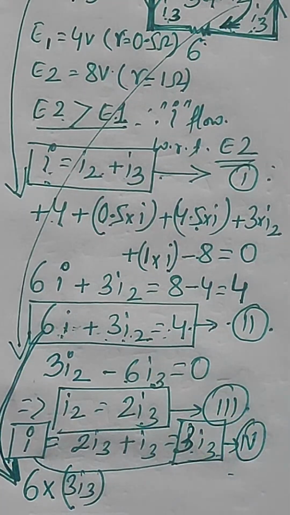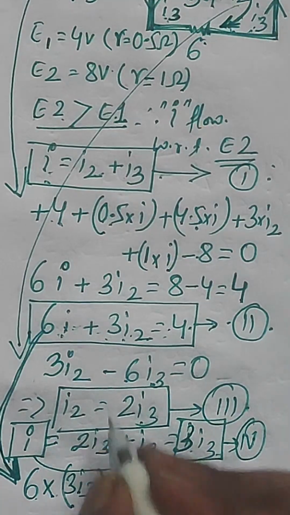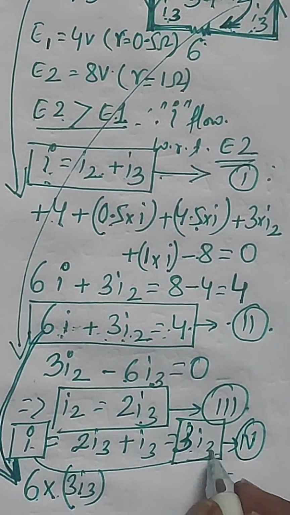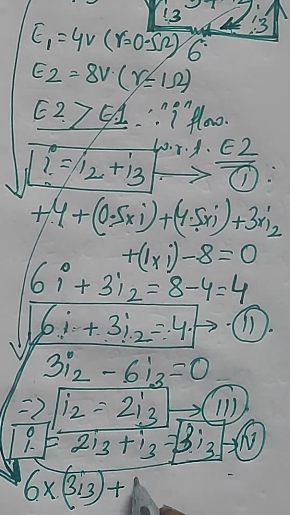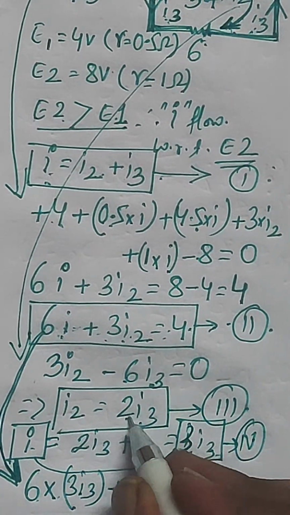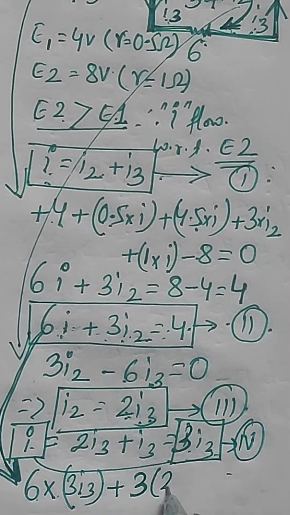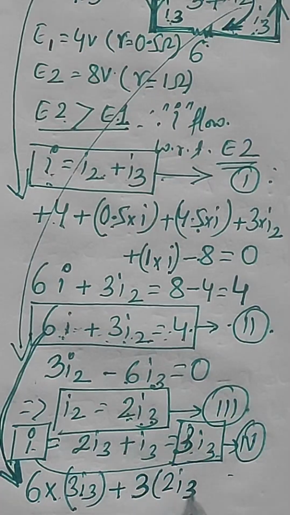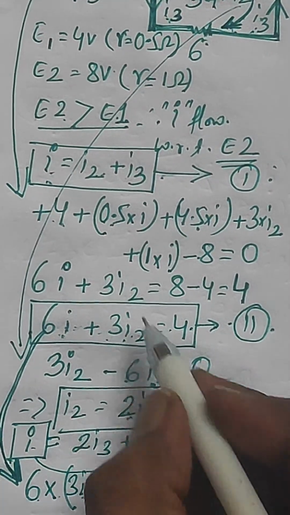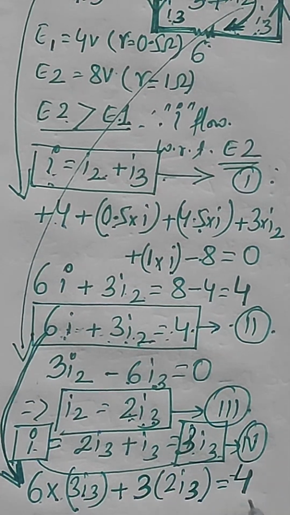So from equation number 2, we can write 6 into 3I3, in place of I we put the value of I as 3I3, plus 3 into I2. I2 is nothing but 2I3. This one is equal to 4, right?